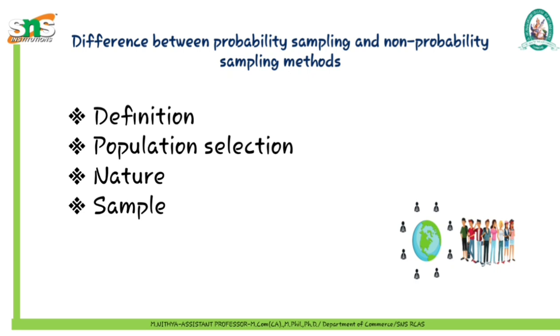The population is selected randomly in the probability sampling method. Nature. The researcher conclusively uses the probability sampling method. Sample. Since there is a method for deciding a sample, the population is demographically or conclusively represented by the probability sampling method.